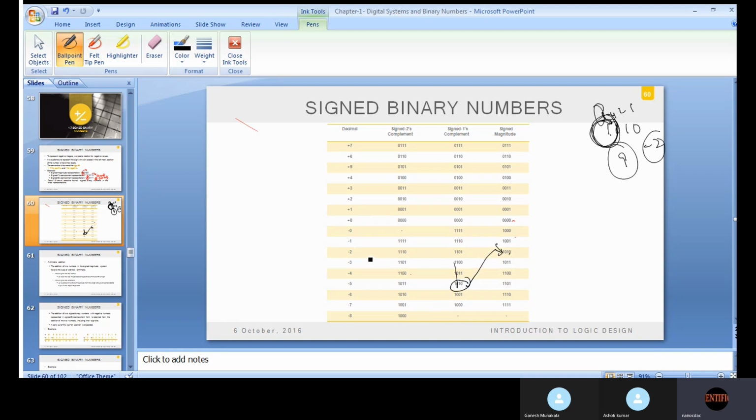In signed one's complement, it is -5. In signed two's complement, 1010 is representing -6.